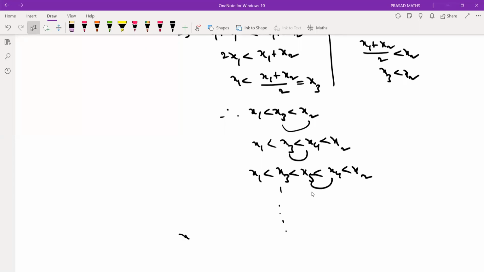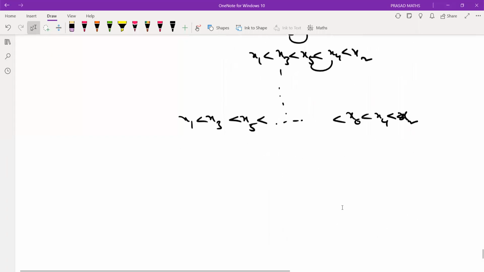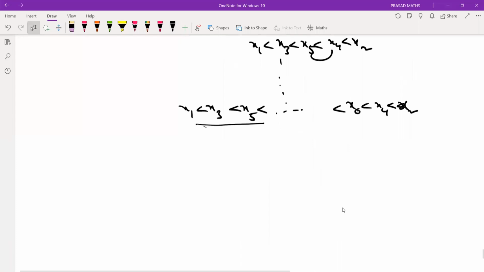So the odd subsequence is increasing, and the even subsequence is decreasing. The sequence x2n-1 is increasing and bounded above by x2.